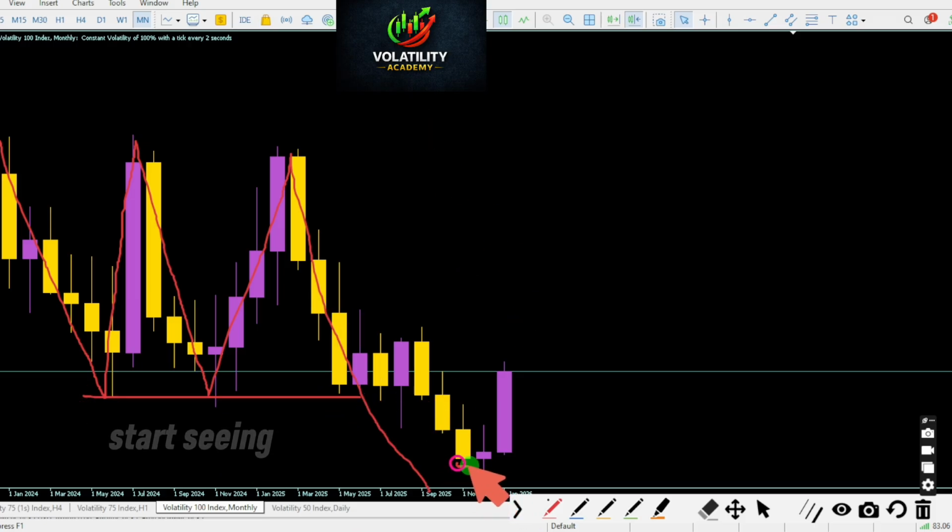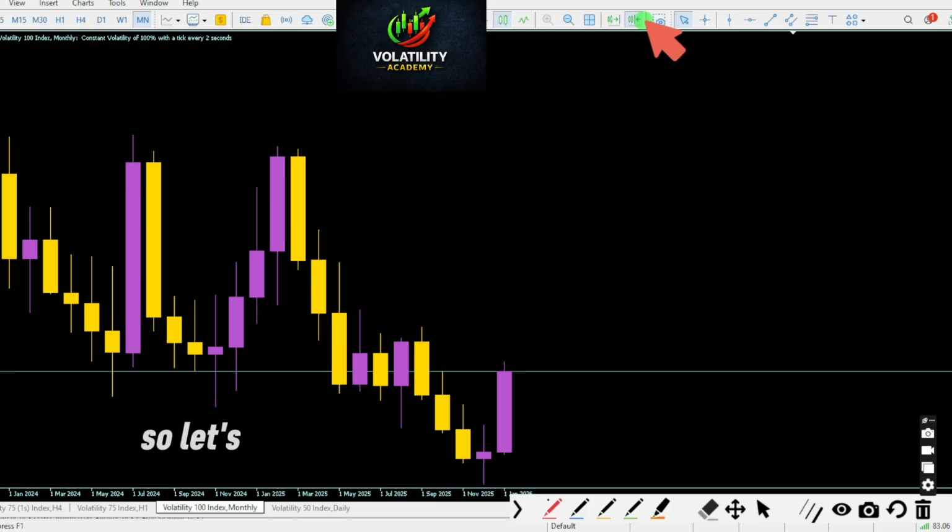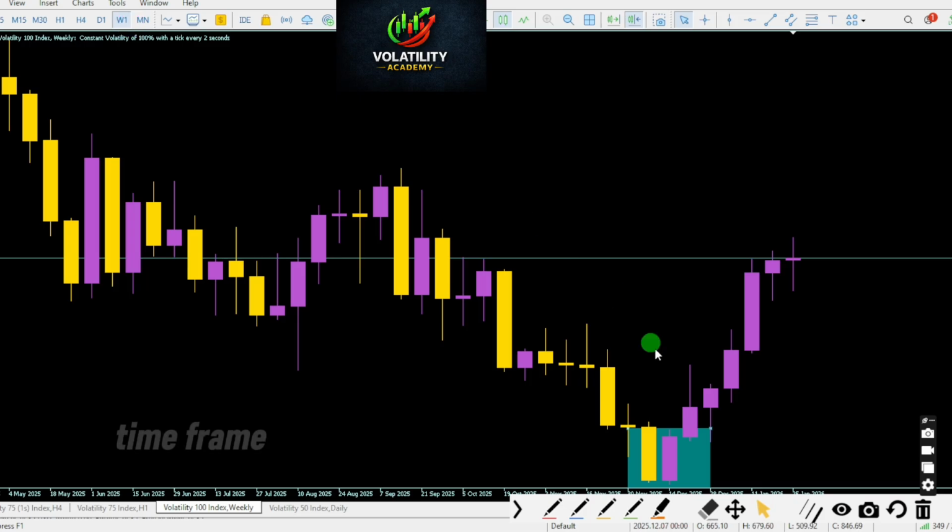And the moment you start seeing a downside wick, you should know that on the higher time frame, there should be some retracement. Okay, so let's see what the market did right around, let me get my rectangle tool, right around this long wick. Let's go down to the weekly time frame.